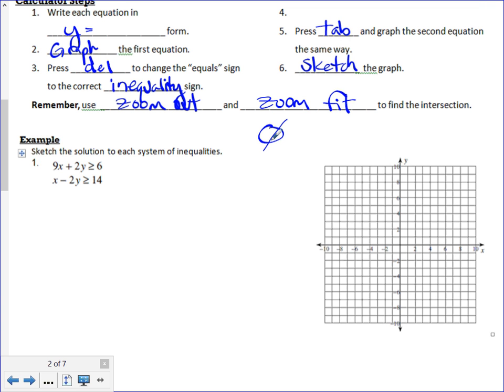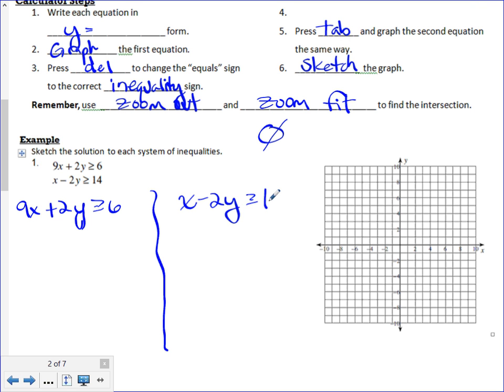All right, let's go ahead and do one together, then I'll let you work. Let's solve both of these for y. First things first, subtract 9x from both sides.